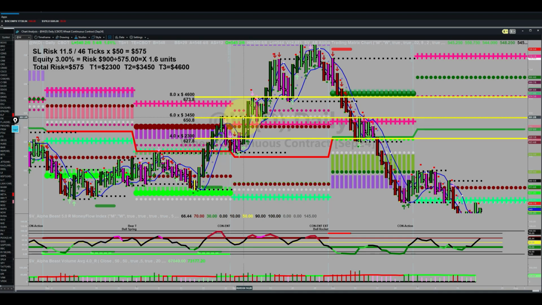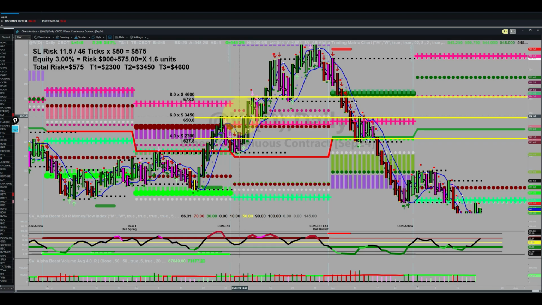So basically, this is your first target. It says 4.0, 6.0, 8.0. And usually what I like to do is put my profit target at 6.0. And then as it's going through the first one, I start trailing my stop loss underneath the lows until either I get stopped out closer to my profit target, or when it reaches the profit target.